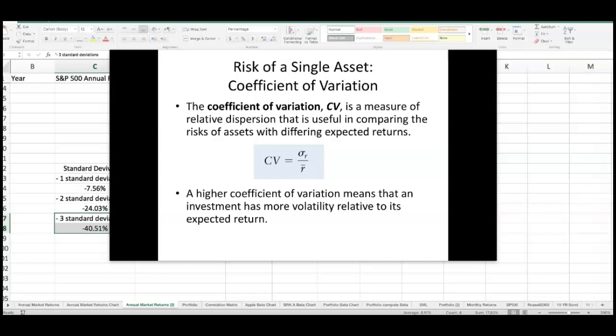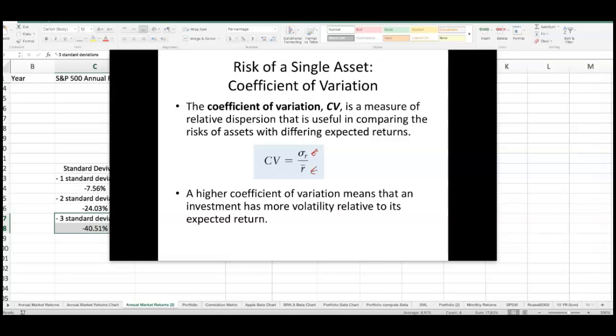The coefficient of variation, CV, is a measure of relative dispersion, and we use it to compare the risk and returns of different assets. The definition of coefficient of variation is risk divided by return. In other words, standard deviation divided by average return. So this gives us a measure of how much risk do we have to take per unit of return.